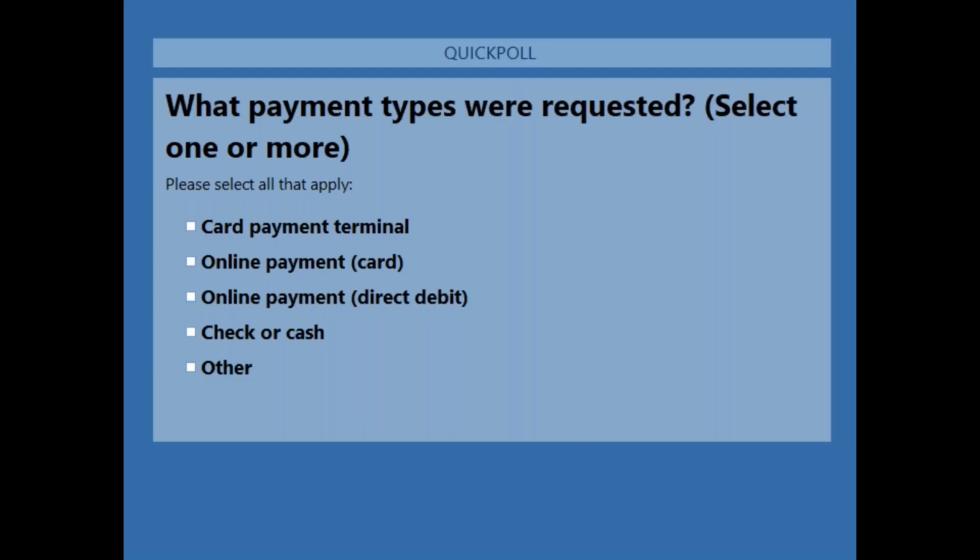So if you have seen these types of requests, were there more about, and this is a multiple choice question, which means that you can select more than one answer. Was it just card payment terminal, or maybe online payment via card, or online payment direct debit, check or cash, or other?